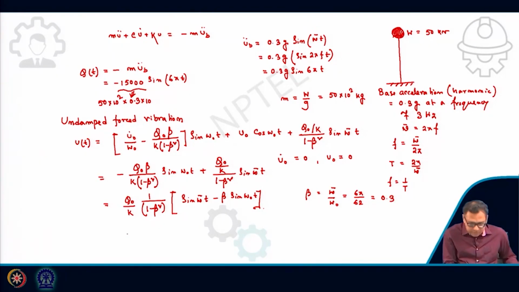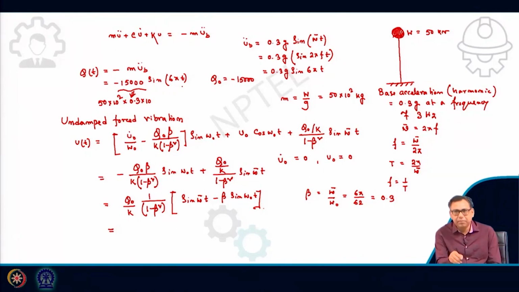Now this force is basically, here 1500 will be Q0, so Q0 will be minus 1500, because that is basically Q0 sine omega bar t.